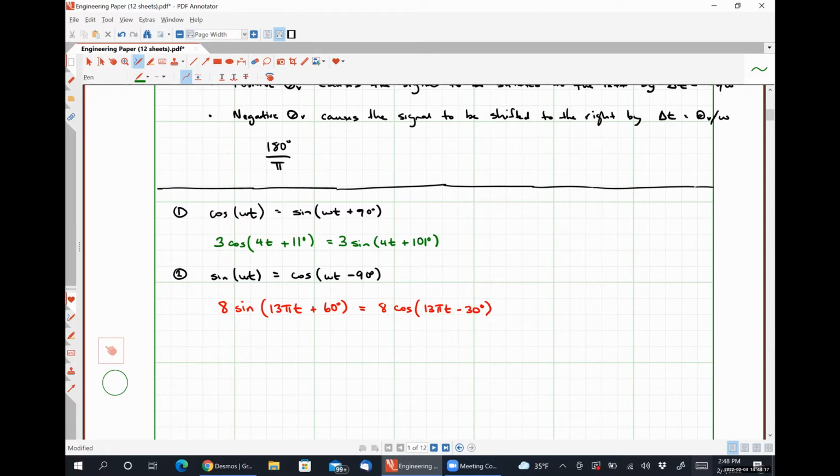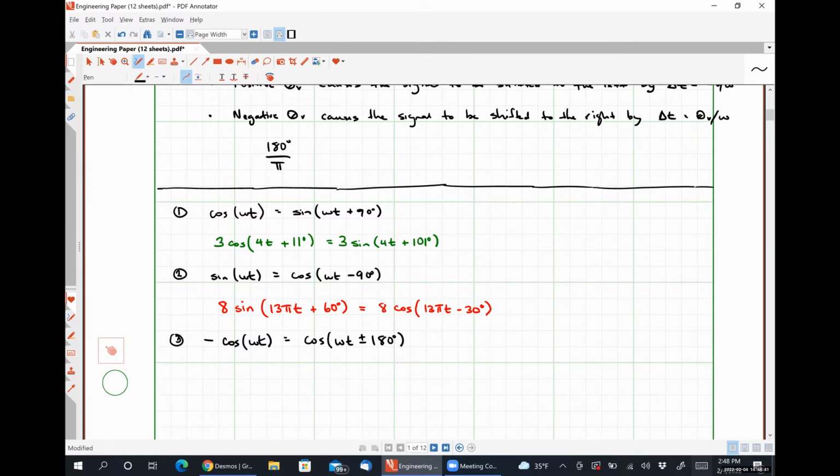All right. Our third trig identity is negative cosine omega t is equal to cosine omega t plus or minus 180 degrees.